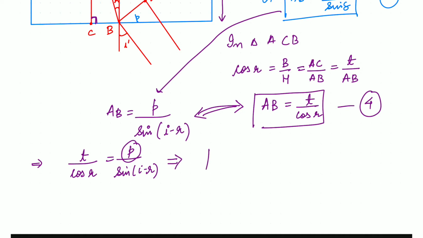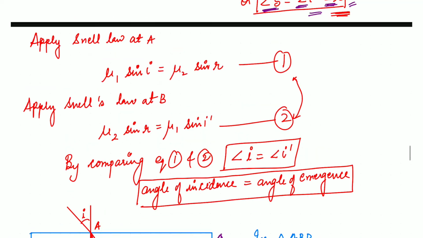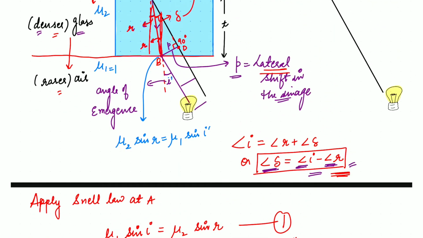So P will be equal to T sine I minus R divided by cos R. I hope you guys can understand this. What is your P? P is your lateral shift.